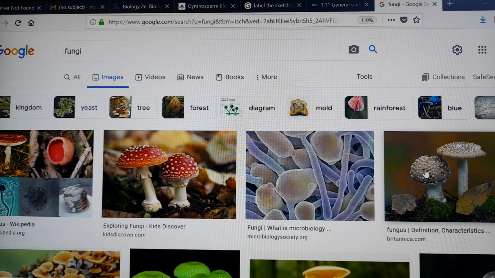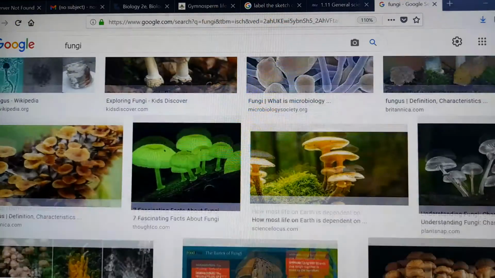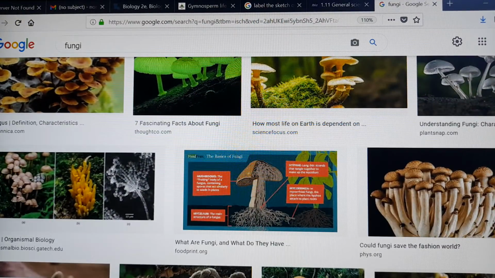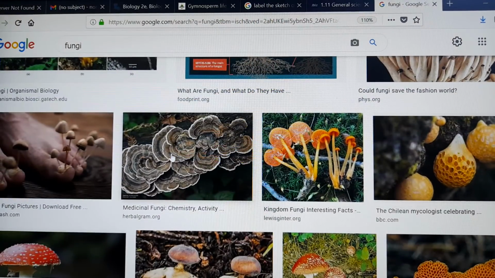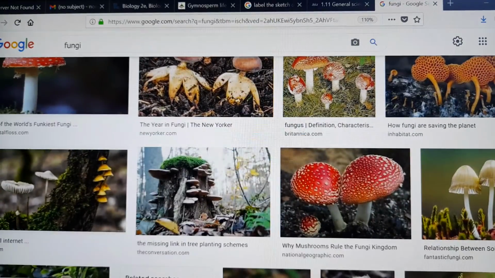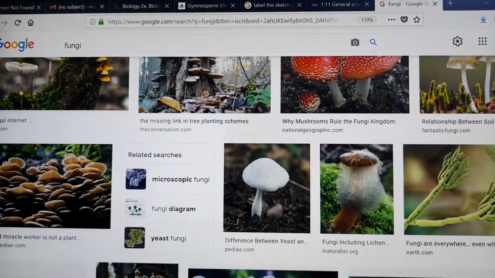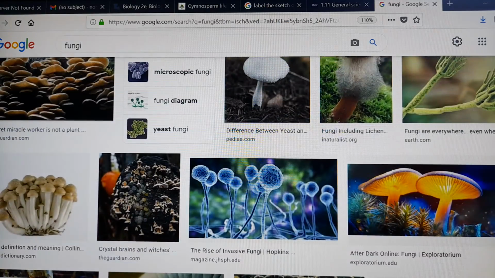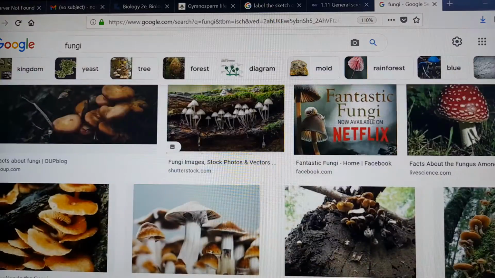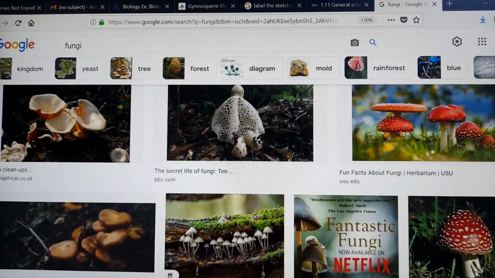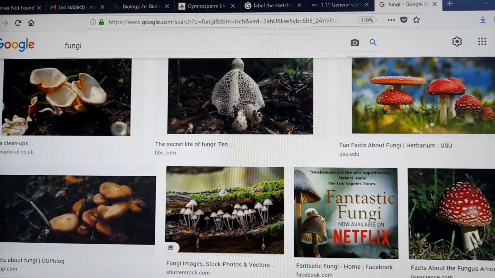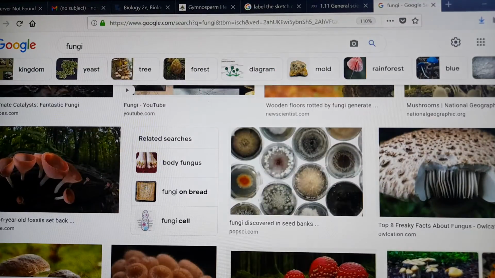You see, it grows on mushroom, and I want you to see it here. It is also on damp surfaces. You see fungi. Nice diagram, you see fungi.